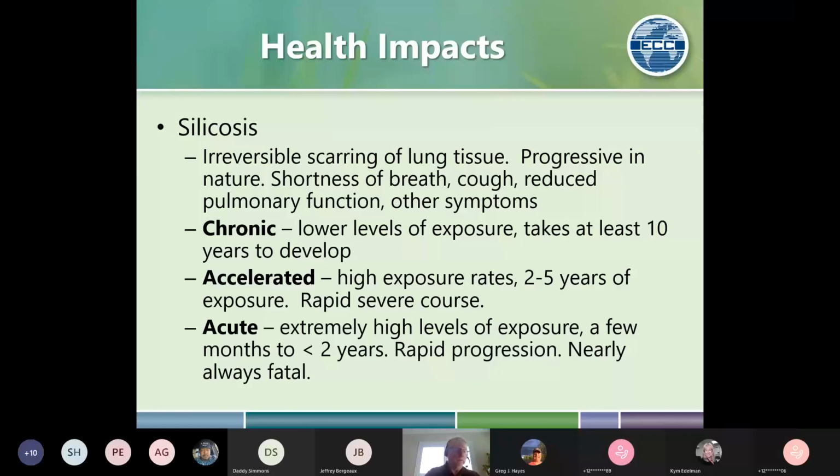I was talking to some people, and it's interesting that even though silicosis has been a known hazard for, like I said, a couple millennia, this accelerated form of silicosis has actually occurred pretty recently among people who work in the industry to upgrade kitchens.